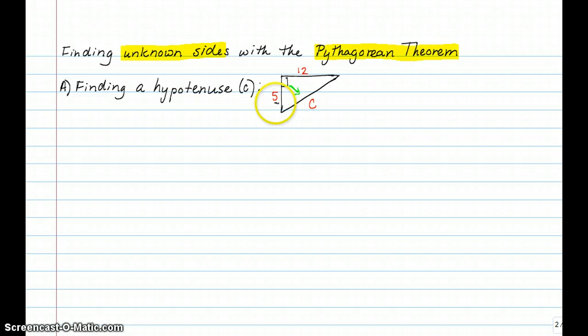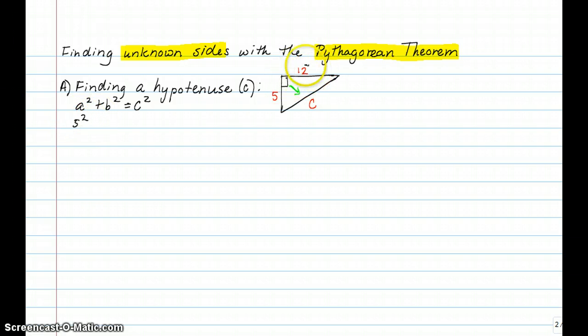So we're going to go a squared, which is 5 squared, plus b squared. Let's go ahead and write the formula again. A squared plus b squared equals c squared. So a squared is 5 squared.